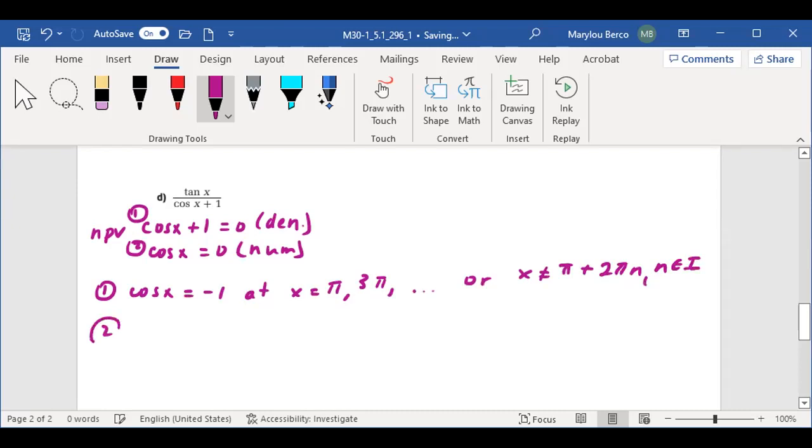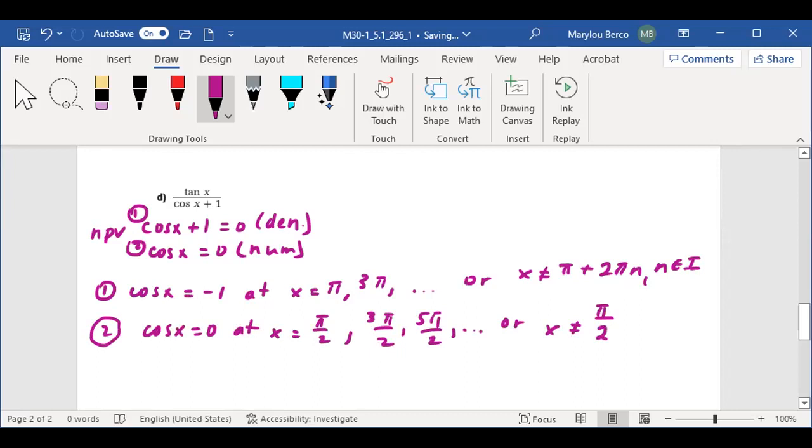For the second restriction, cos x is equal to 0 at x equals pi over 2, 3 pi over 2, 5 pi over 2. So in general, x cannot equal pi over 2 plus pi n, where n is an element of integers.